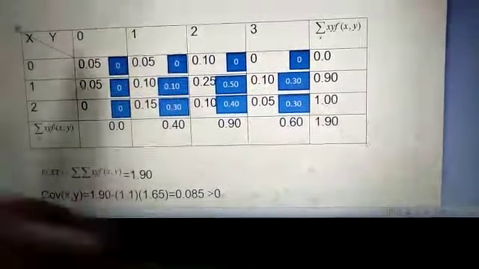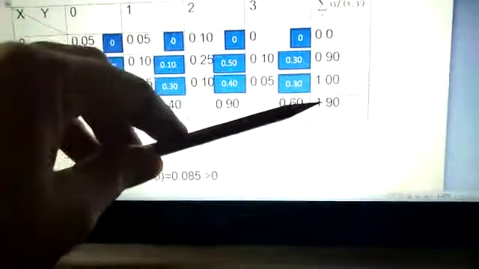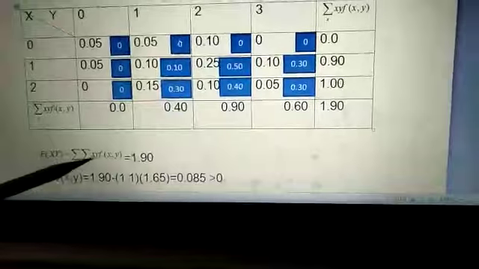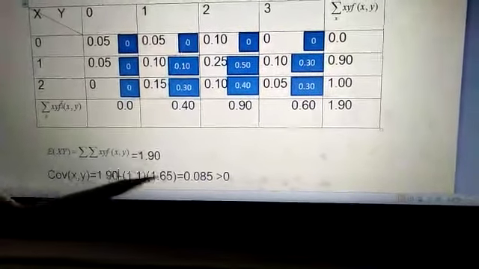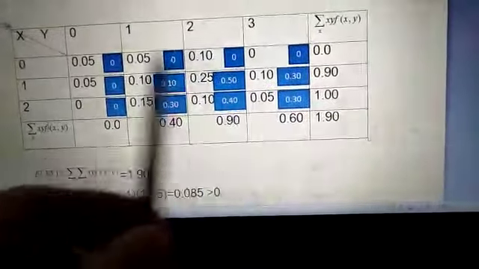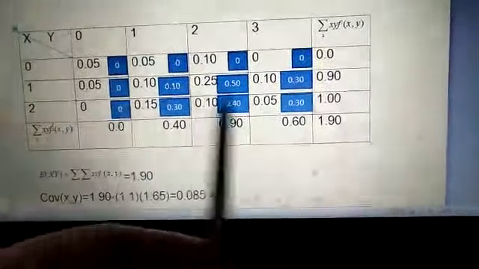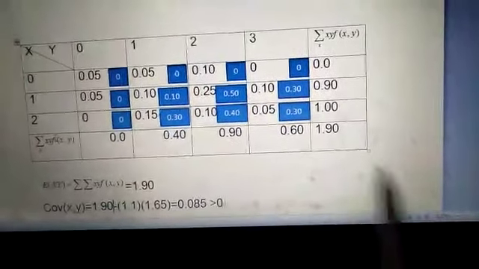So we have summed 2 times. These 2 sums would give us 1.9. So this value is the double summation of x multiplied by y multiplied by joint probability, that is 1.9. And if you get the sum of first row, second row, third row, write it here and again sum this column, the answer would again be 1.9.